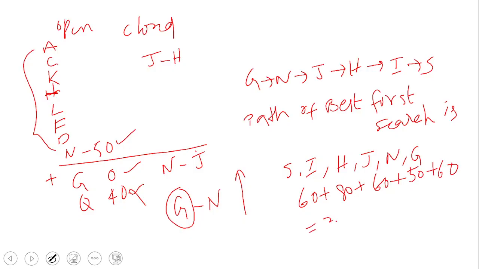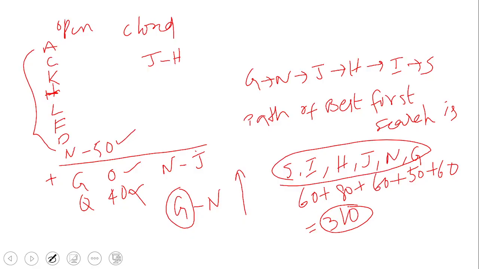So how much will you get? 310. So this is the path cost by using the best first search.